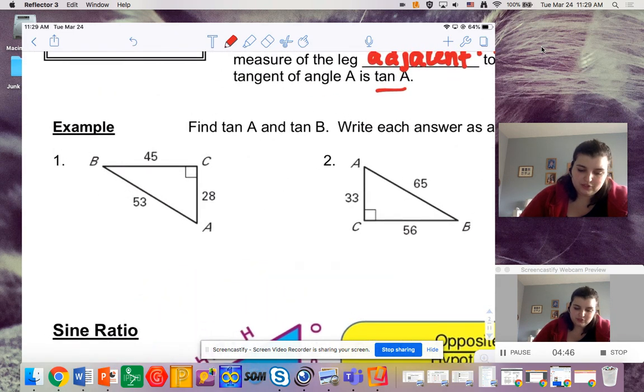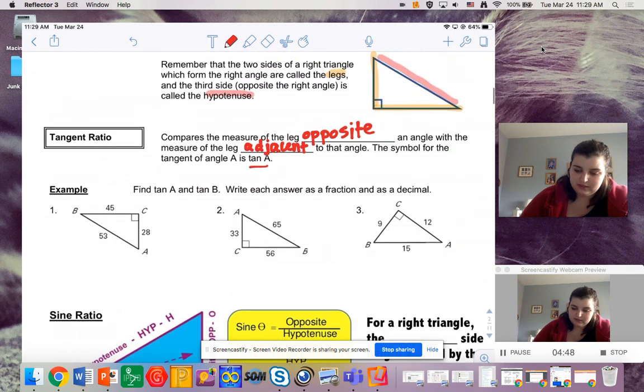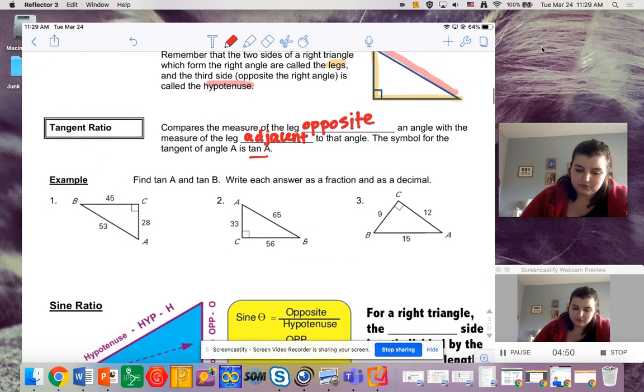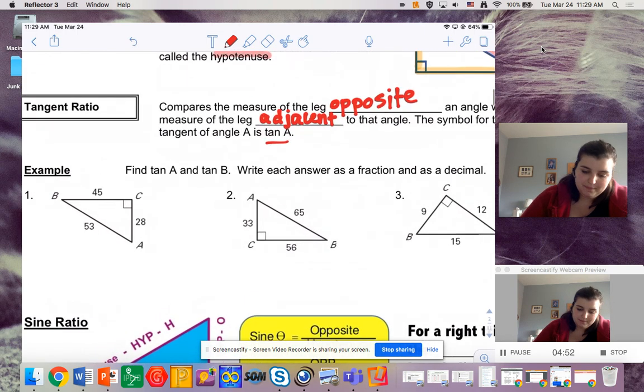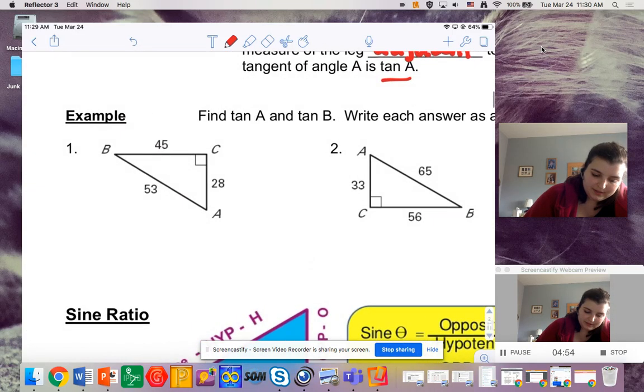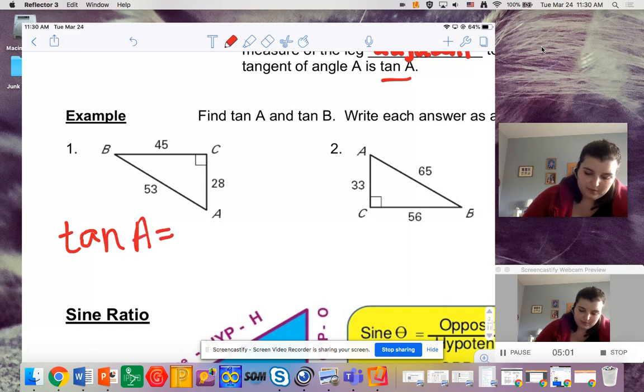So tangent compares opposite to adjacent. So what that means is the tangent of angle A, the side that is opposite A is this 45.